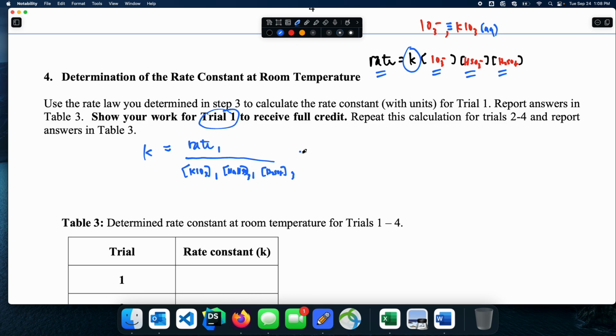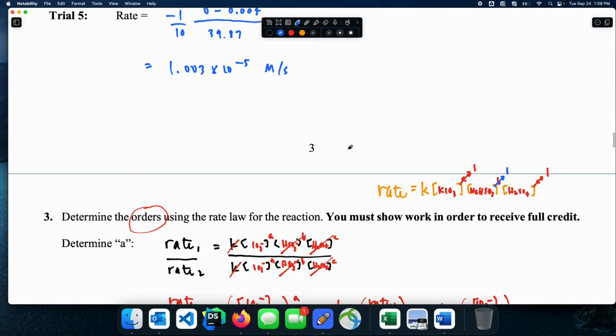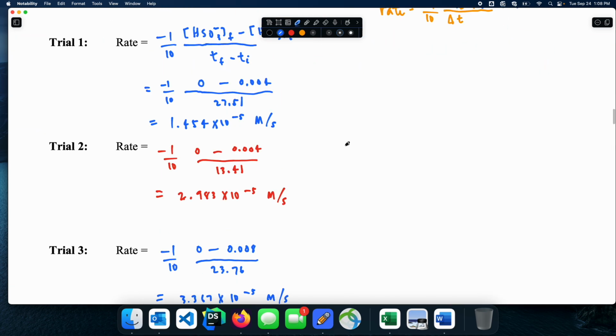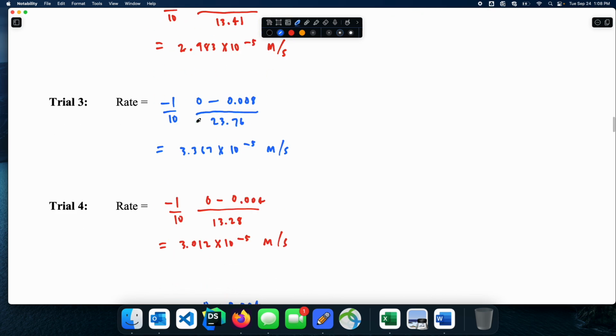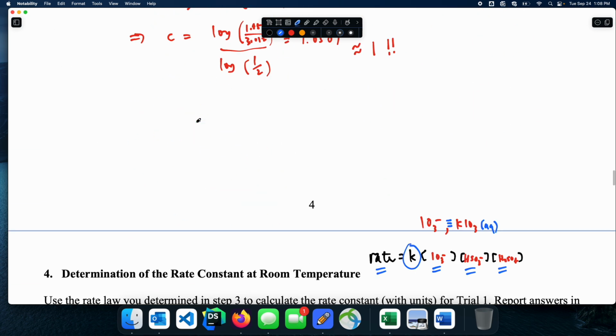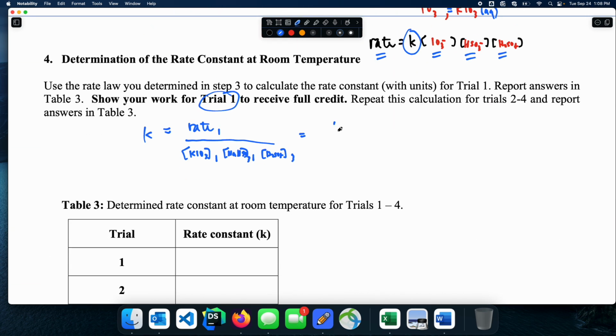So let's come over here now and find the rate in trial 1 and the concentrations of those guys in trial 1. The rate in trial 1 was 1.454 times 10 to the -5, over the concentration of iodate in trial 1.